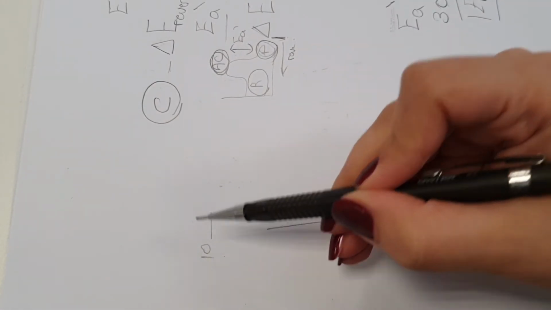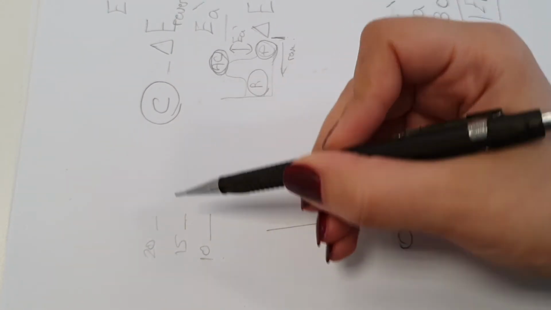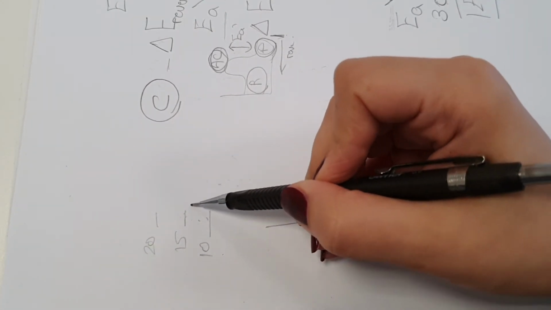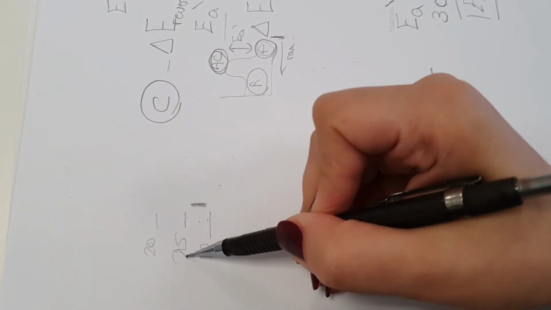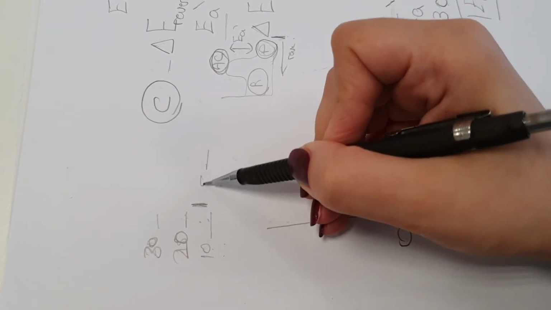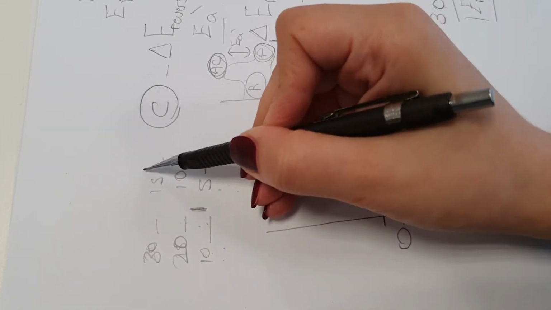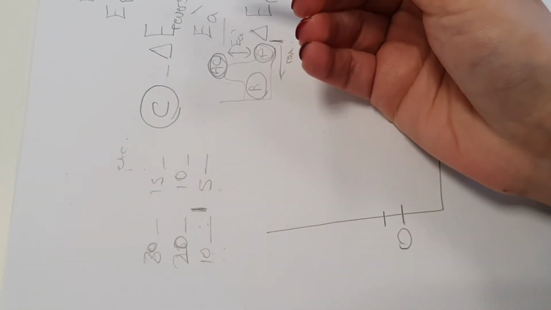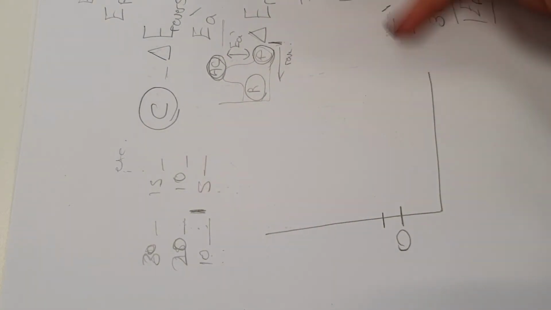Like here 10 and then 15 and then 20, it will not work. Every step of the scale has to be the same amount. Like if you start at 10, it has to be 20, 30 and so on. Or you can start 5, 10, 15, etc. Just unify the scale, that's it.